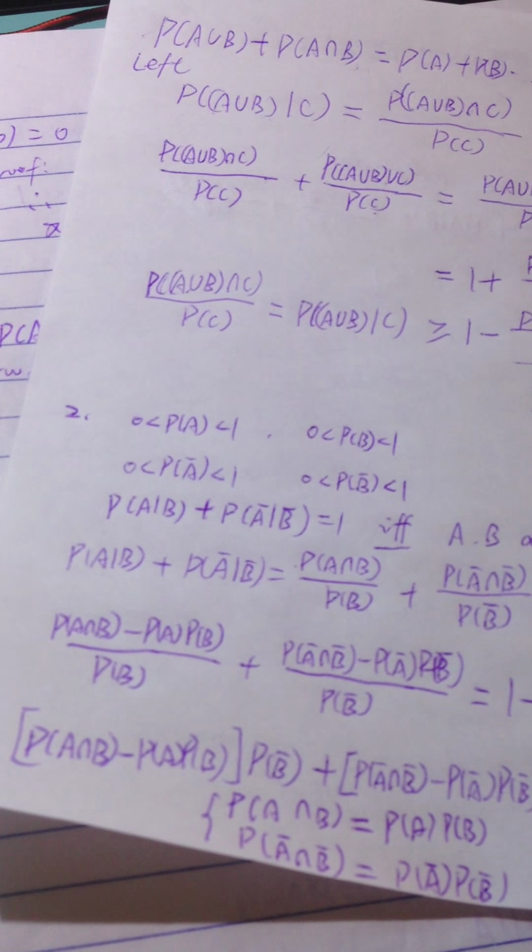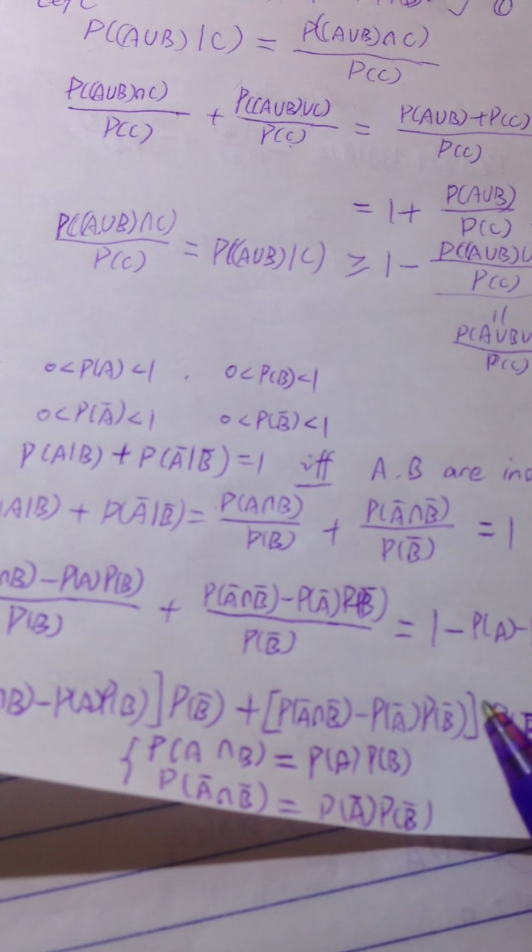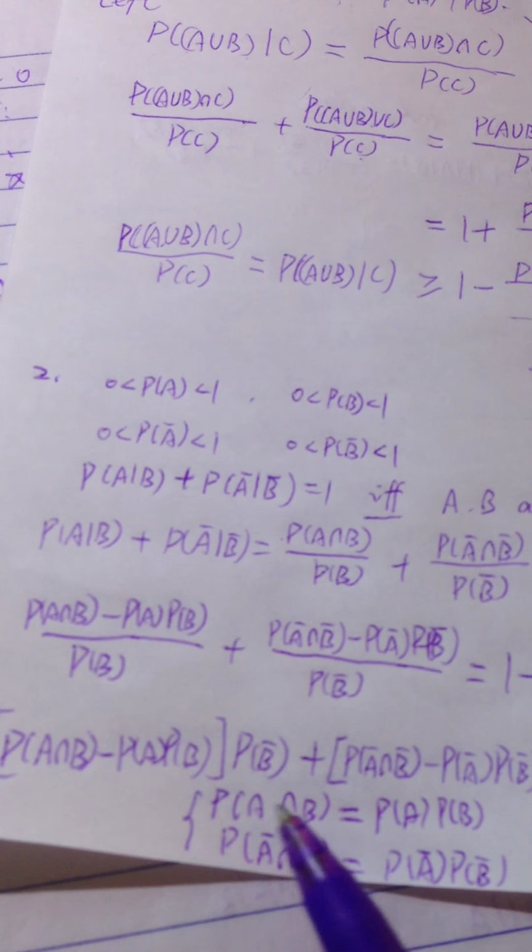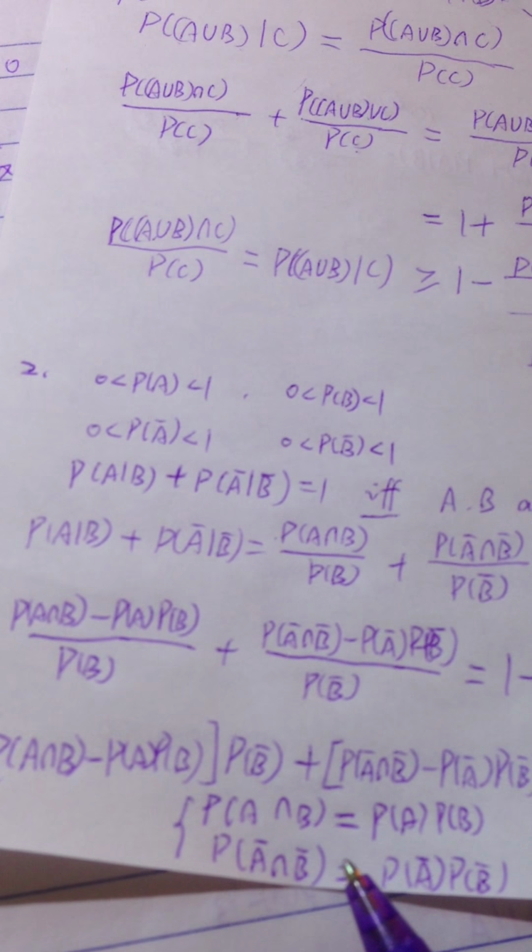So from these two equations, we can get that A and B are independent.